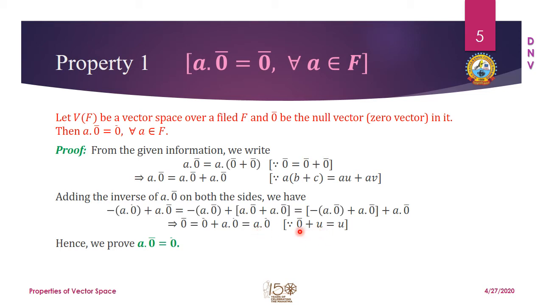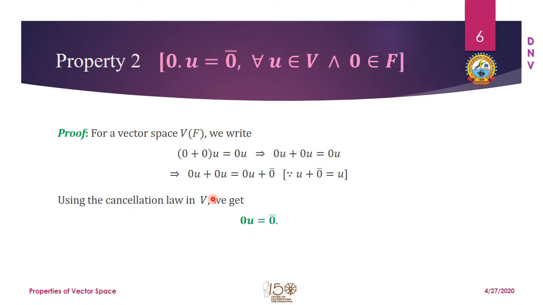In this way, if we add a zero vector to another vector, it gives the same vector. Hence, this property is satisfied. So we have proved that a·0 is equal to the 0 vector. We have kept a bar over 0 to differentiate it from the scalar 0, because otherwise it would be very confusing.